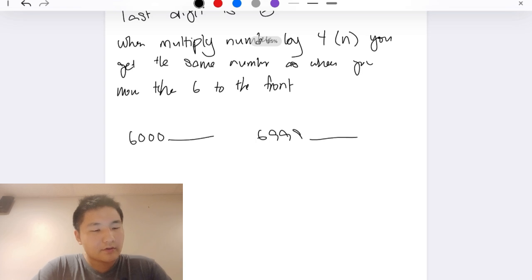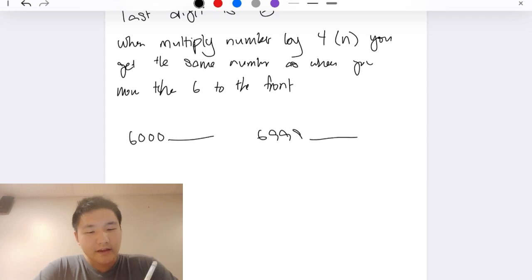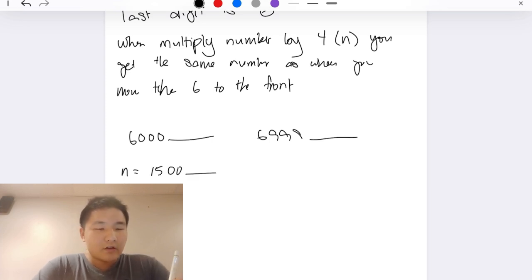And then what this tells me is, in order to have 4n equal this number, n would have to be this number divided by 4, which is 1500, whatever, or 17500, whatever.